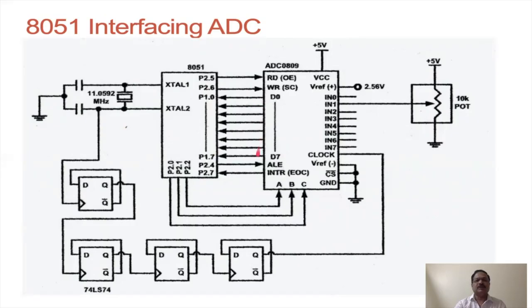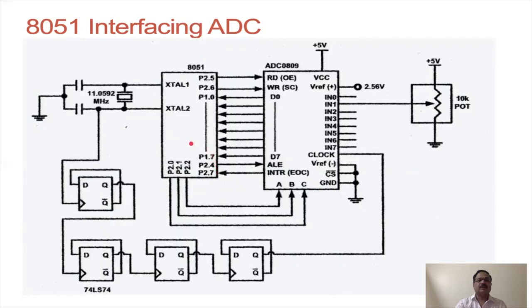D0 to D7, the data output available at the output side of the ADC, is taken here to port 1. So port 1 is used as the input port for that data. And here P2.4 is the address latch enable signal. However, here INTR means the end of conversion signal, which is on P2.7.